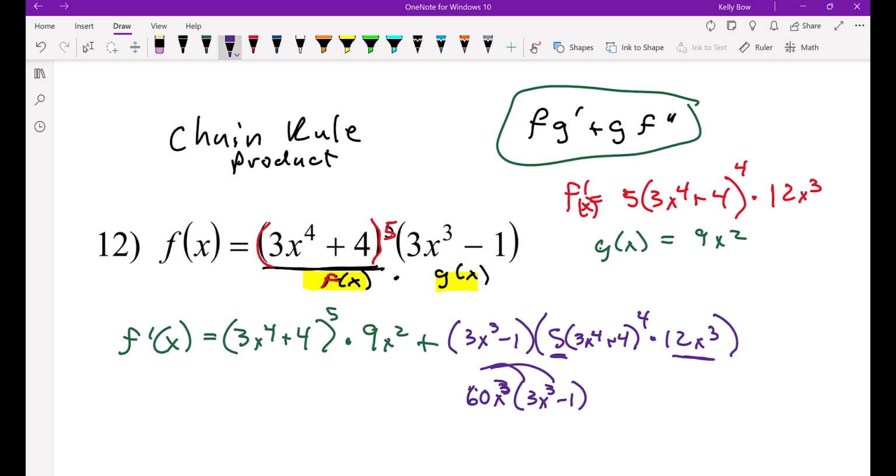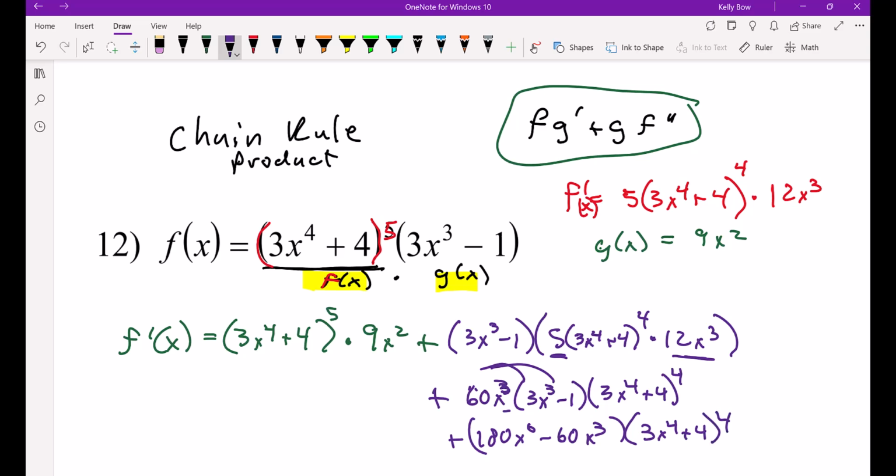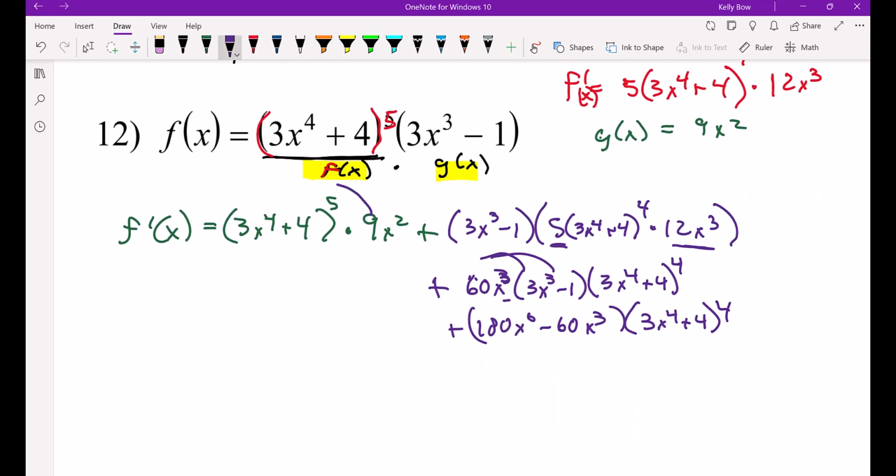Then these things can be simplified further. So 180 x to the 6th minus 60 x cubed. Okay, this other part over here, we can just do that double distributive.